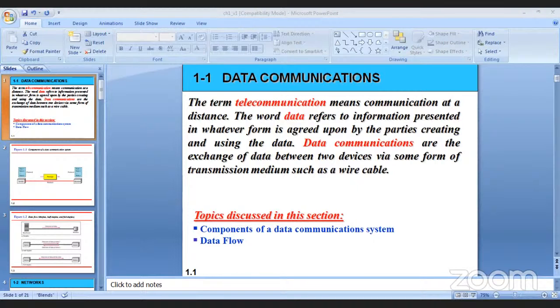Talking in a classroom, teaching in a classroom is wireless communication.